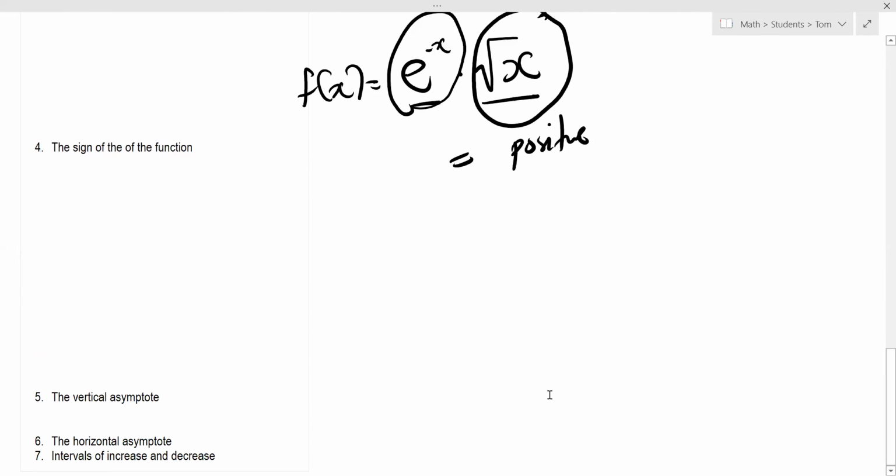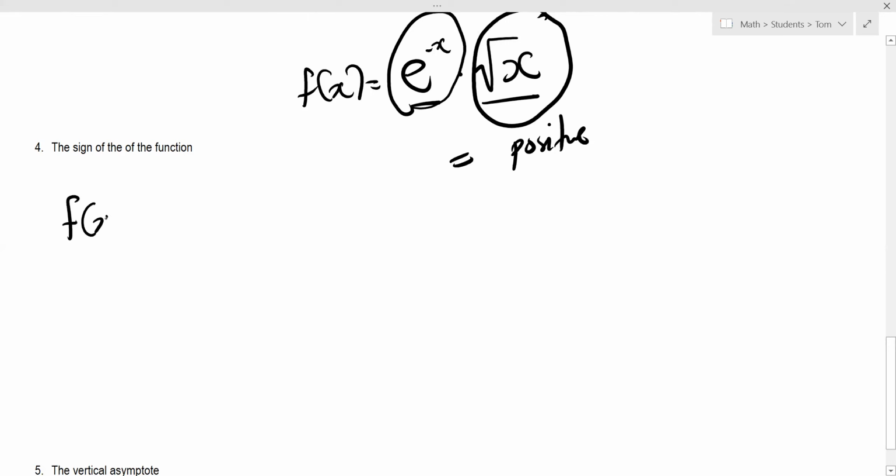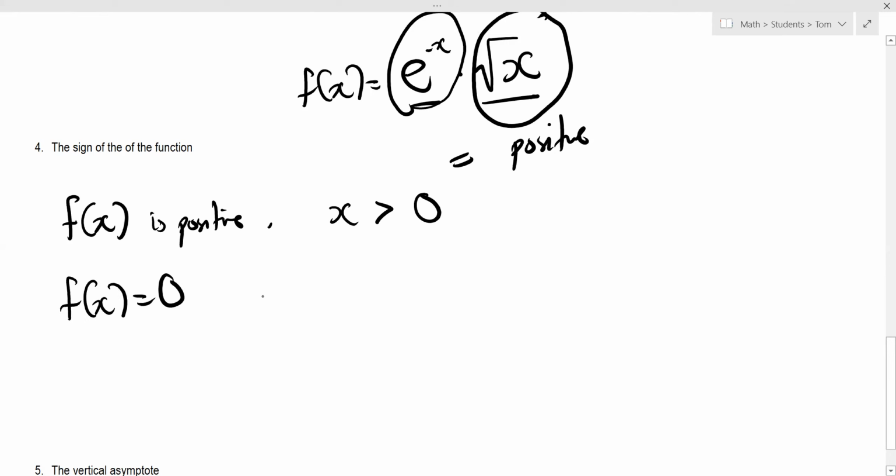So we can easily say, all right, f of x is positive where x is greater than 0, and f of x is equal to 0 where x is equal to 0. How about when x is less than 0?